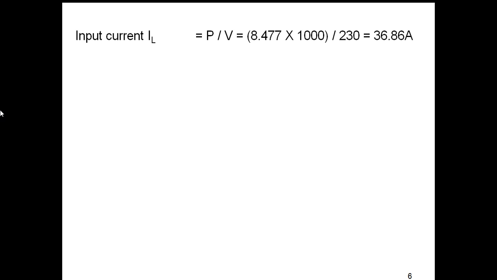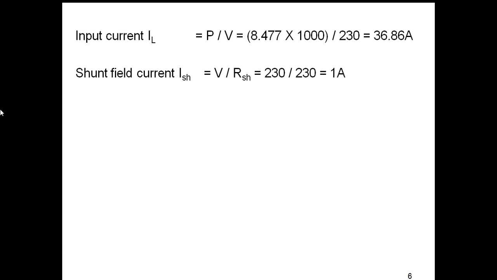And we know that to find the input current, we use the formula P is equal to V into I. From that, I is equal to P by V. So P is 8.477 kilowatts divided by V, which is 230. So the answer is 36.86 amperes.